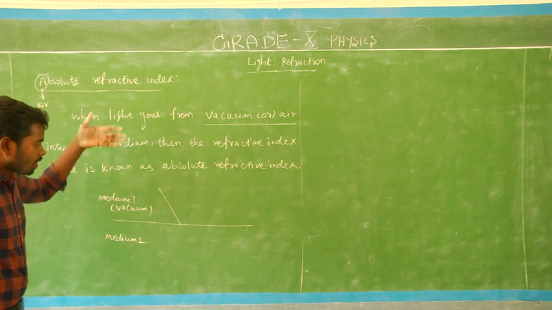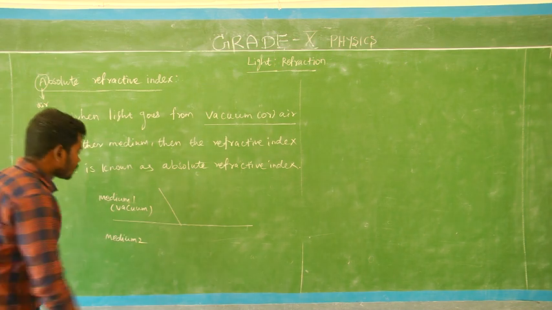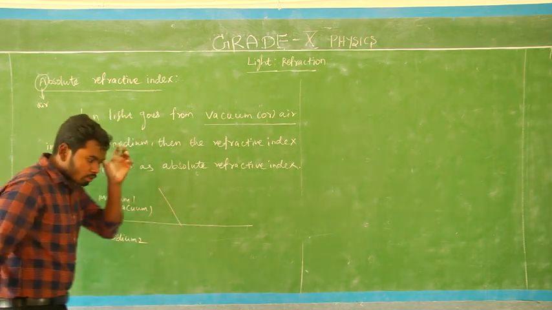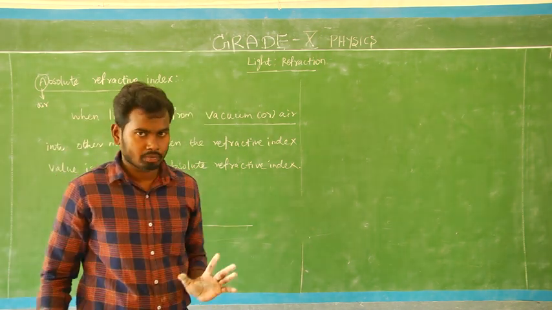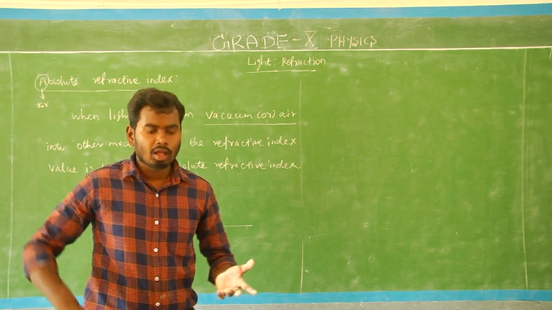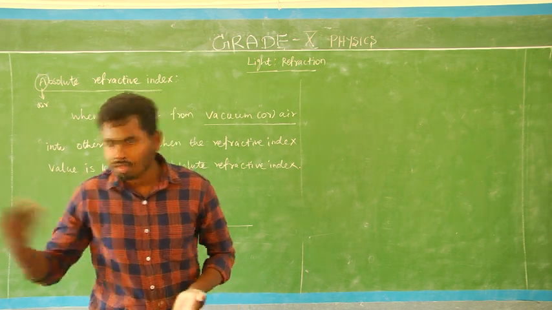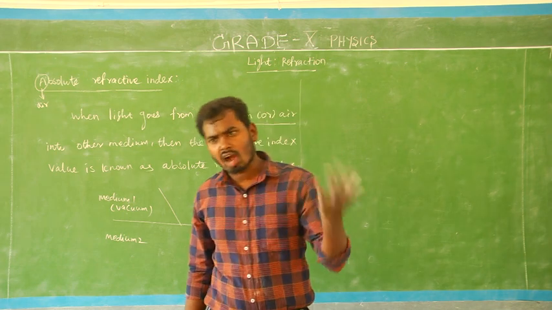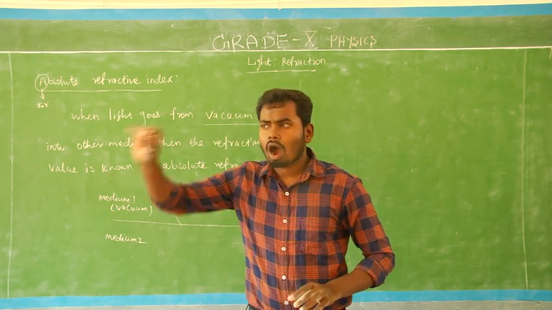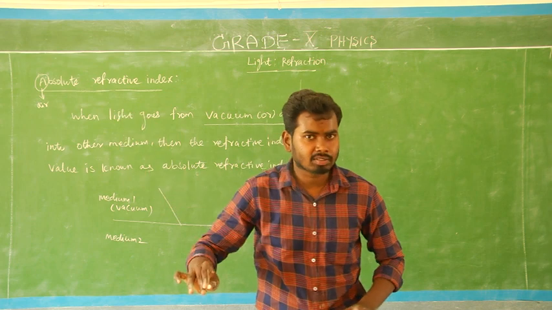Now it will pass onto the surface of medium 2. Already we know light speed is maximum in only air or vacuum. In all other mediums, for example ice, aluminum, kerosene, diamond, whatever it is, light speed decreases.